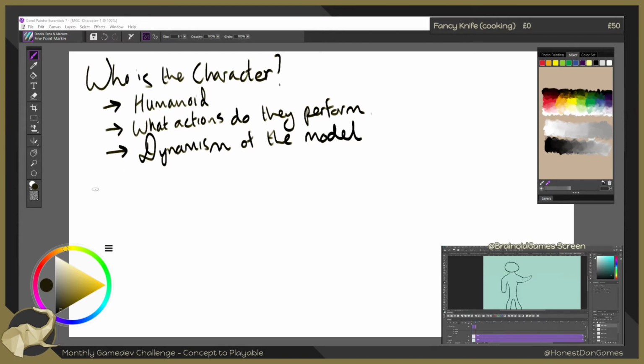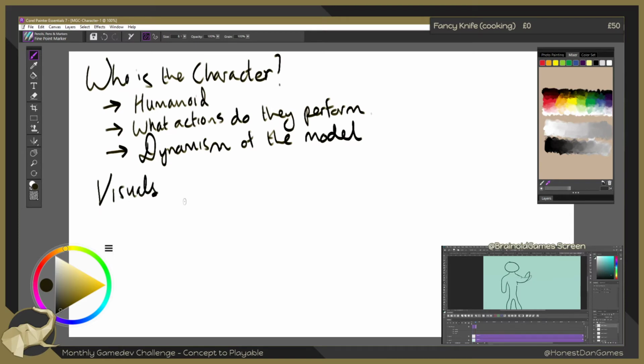I guess the next thing is, what do they look like? And I think you should have a rough idea going in as well. So for our visuals, I think it's probably important to have a quick idea of what you want it to look like.